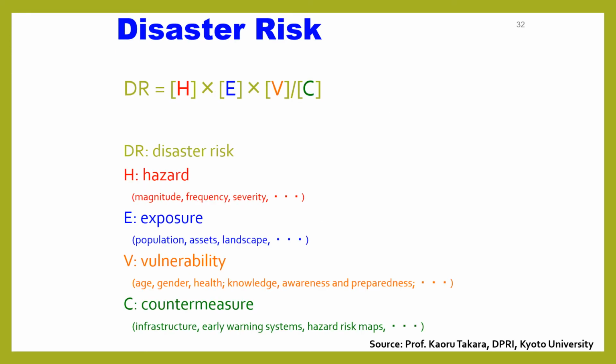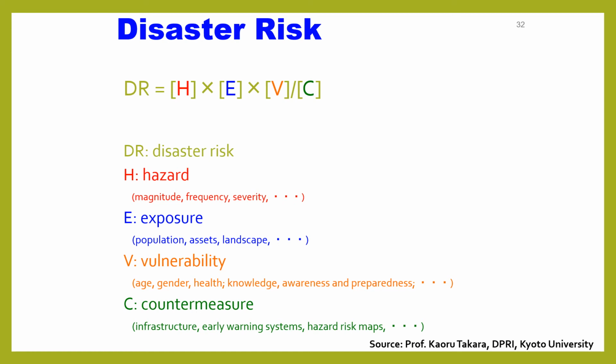There are a lot of formulas of disaster risk actually, and we cannot say which one is right and which one is wrong. The formula of risk is still developing. But some of the common components for disaster risk are hazard, exposure, vulnerability, and countermeasure. Hazard, exposure, and vulnerability are negative things, but countermeasure is positive.